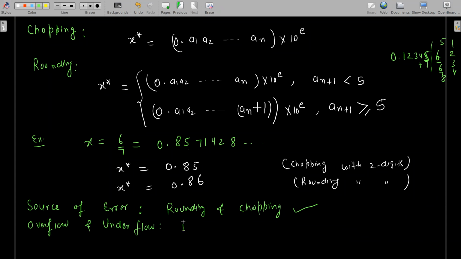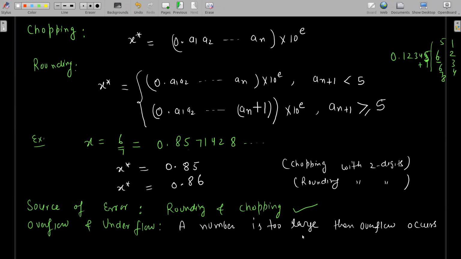So if a number, overflow means a number is too large, then overflow occurs.